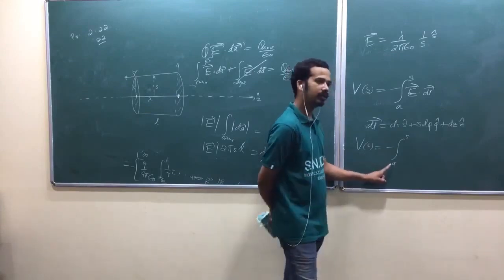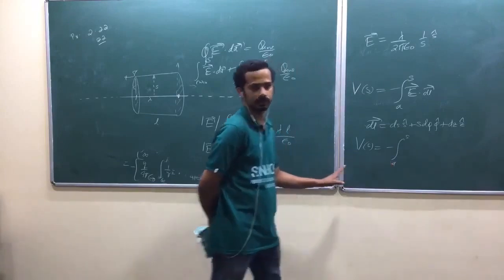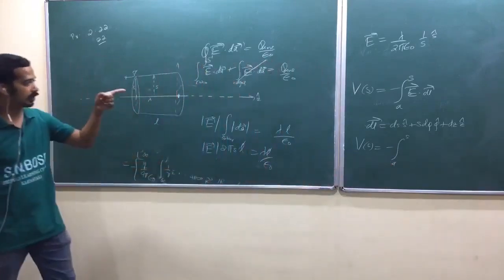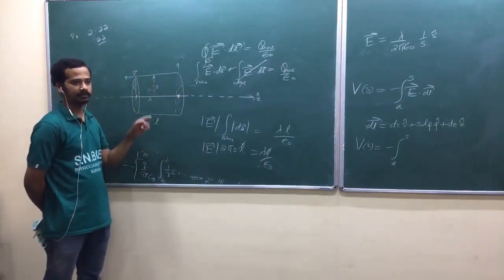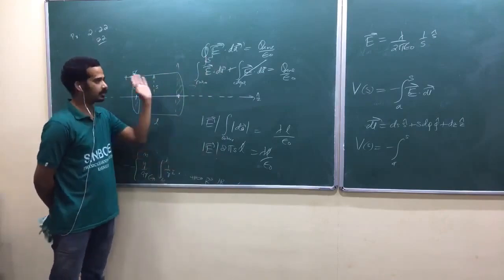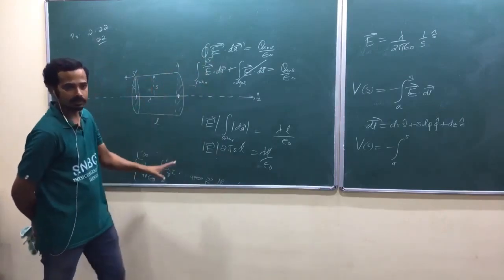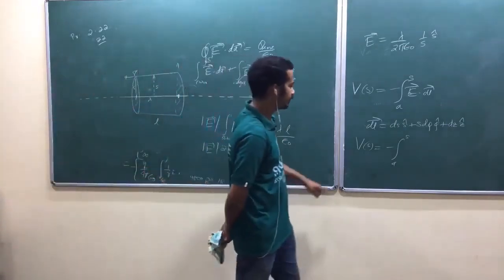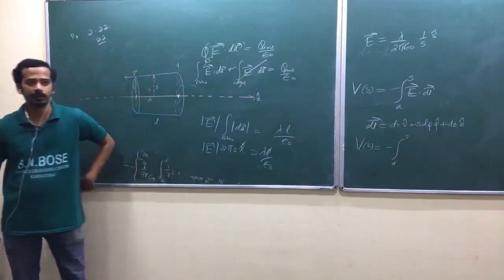What I am taking is distance A from the wire. Again, it doesn't matter where you are along the z axis. Why? It is of infinite extent. If you are just displacing here, you will not feel any difference because it is infinite forward as well as backward. The only thing that matters for a point in space is where you are from the wire, the perpendicular distance from the wire.